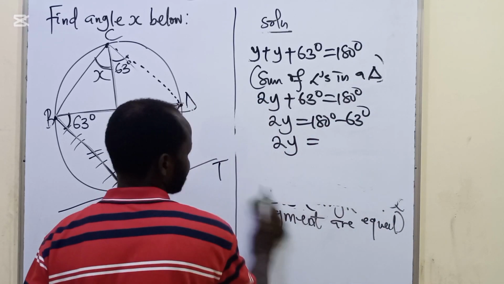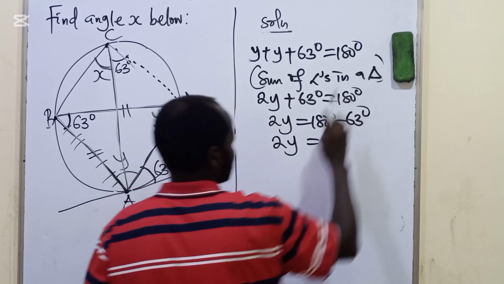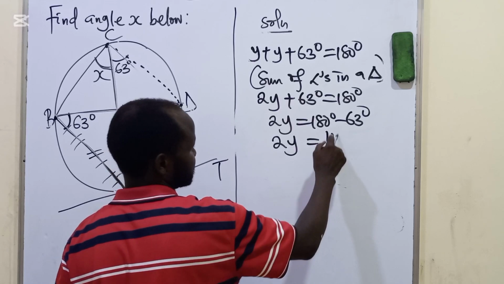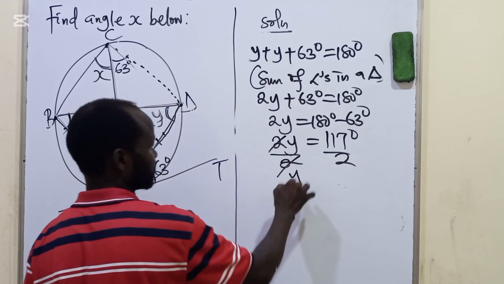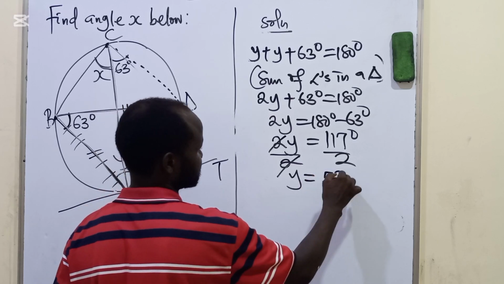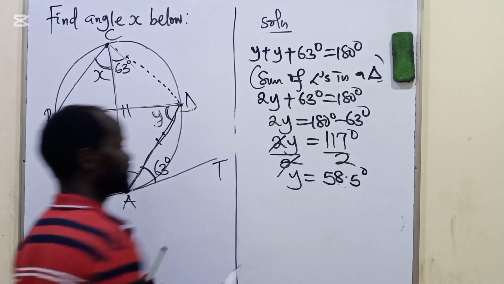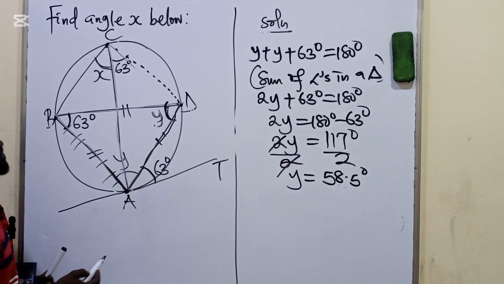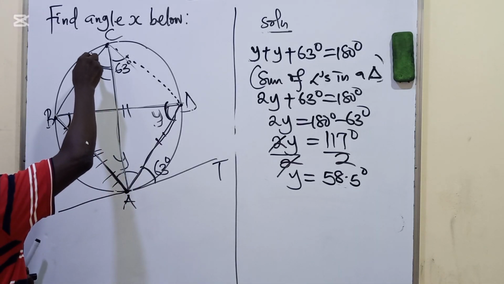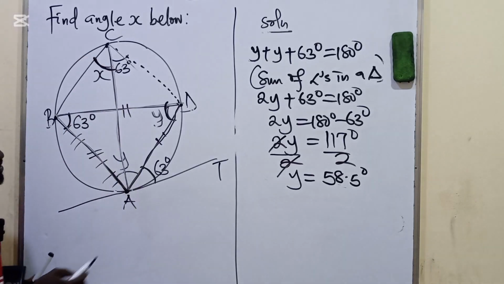Our aim is to find the value of y, so 2y will be equal to 117 degrees. Let's divide both sides by 2. y now will be 58.5 degrees. So if this y here is 58.5 degrees, it means this x as well will be 58.5 degrees.